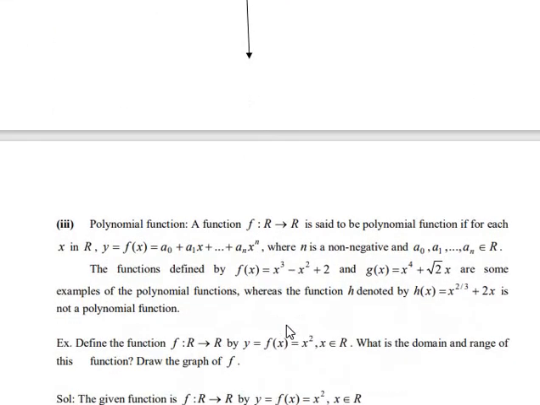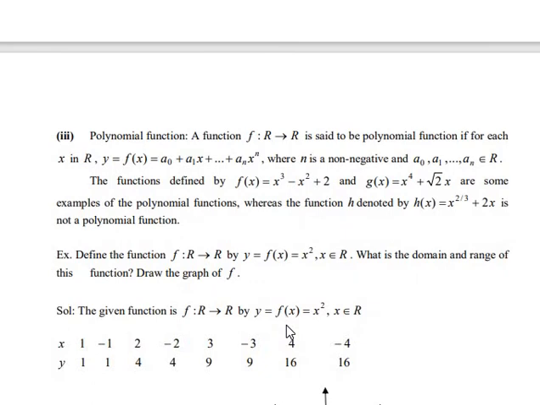So next is a polynomial function. Now you have already known what is a polynomial. So the name itself is a polynomial function.